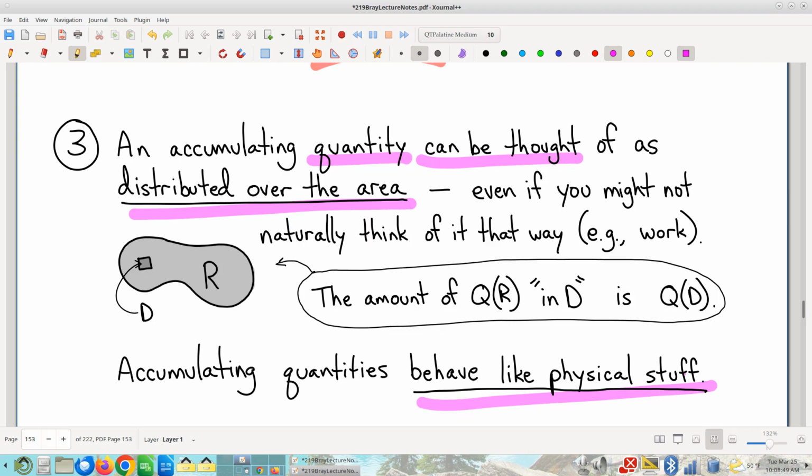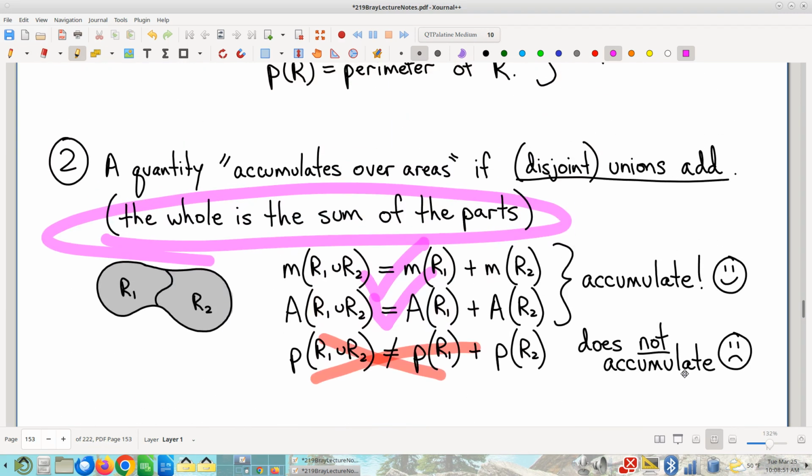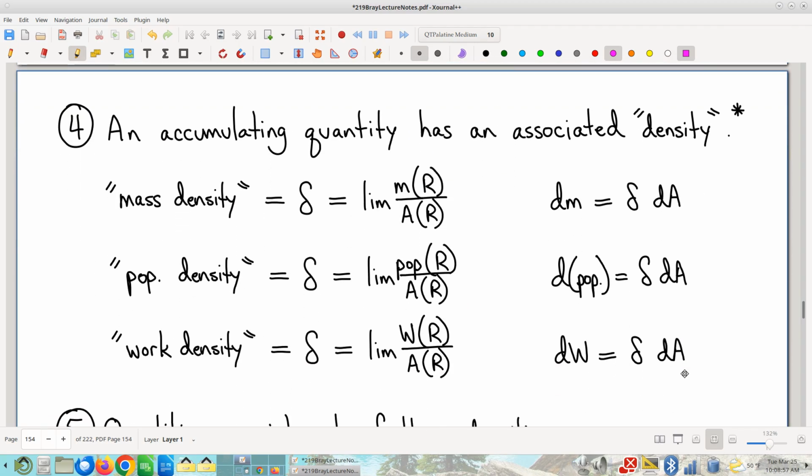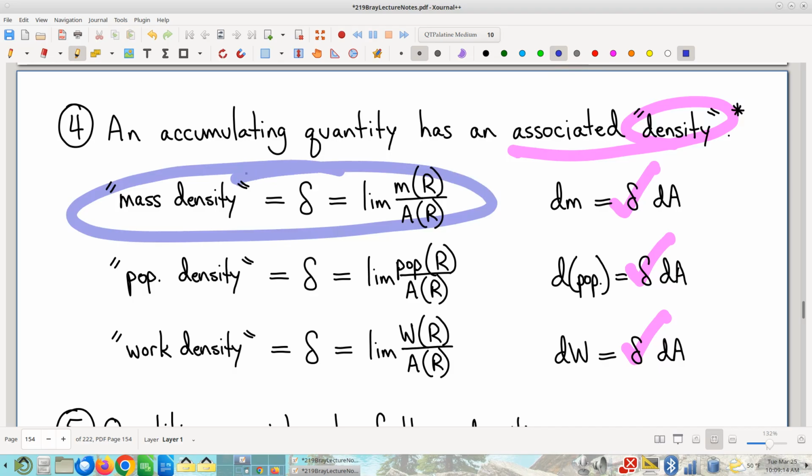So the mere fact of establishing an accumulating quantity, you get to think of it in a nice, physically relatable way that allows you to further think of it with this associated idea of a density. Right? It's a really nice idea, this idea that you've got some sort of stuff, and you can talk about stuff per unit size. Now, again, not a creepy idea when you're talking about mass. This is so relatable, so been done, right?